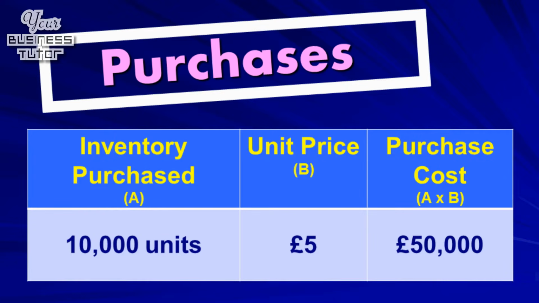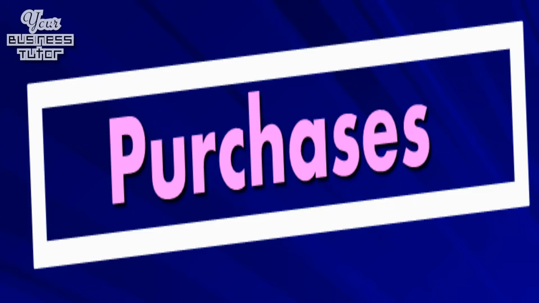In reality, a business will buy and sell hundreds, if not thousands of items of inventory every year. And therefore, we must understand how that affects how an income statement is prepared. For example, if a business were to buy 10,000 items at £5 each, it would cost them £50,000, which in an income statement would be referred to as purchases, the amount spent on buying inventory to sell to customers.